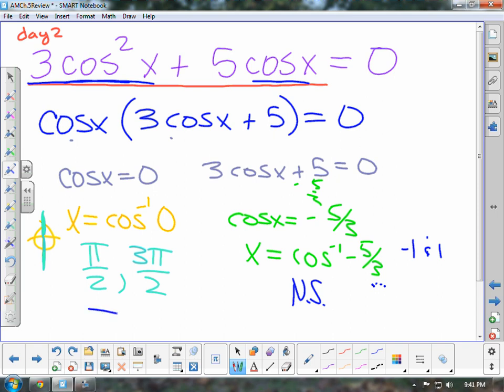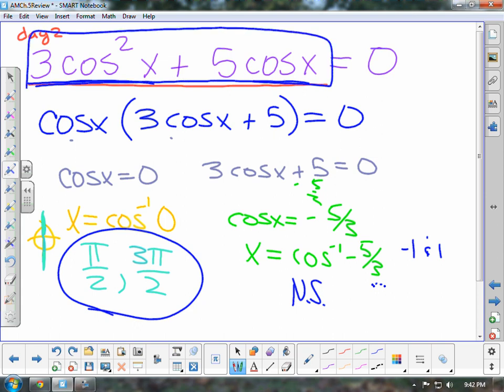But we still have these two answers as our angles. And so the only two places where this equation crosses the x-axis would be at pi over 2 and 3 pi over 2. Now if you want to check your answer, you can enter this equation into your calculator and graph it. And then on the graph, here at pi over 2 and at 3 pi over 2, you're going to see that it crosses the axis at those 2 points.